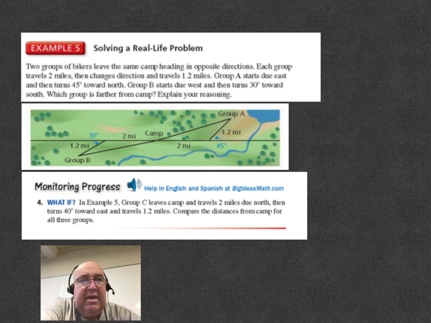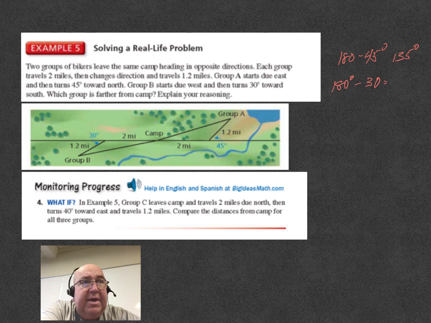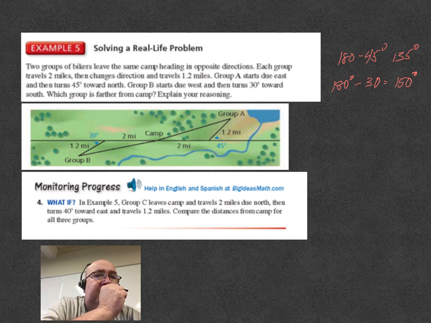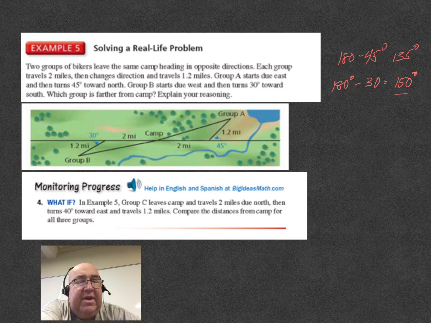So if turning 45, 180 degrees minus 45 degrees is going to be 135 degrees, and 180 degrees minus 30 degrees is 150 degrees. So group B is going to be farther away from camp because that angle of 150 degrees made their trip back to camp longer than the angle of 135 degrees.